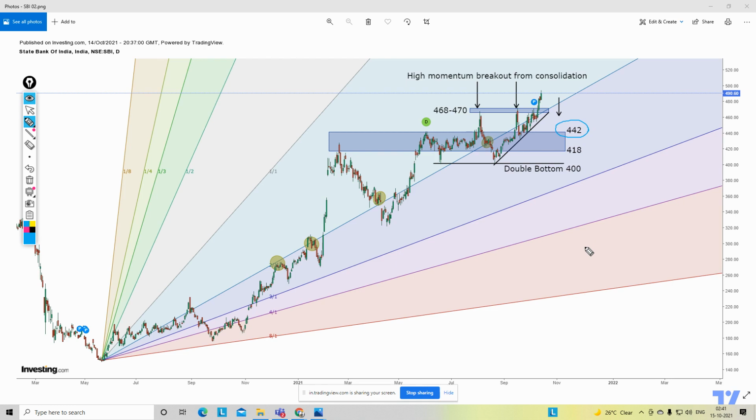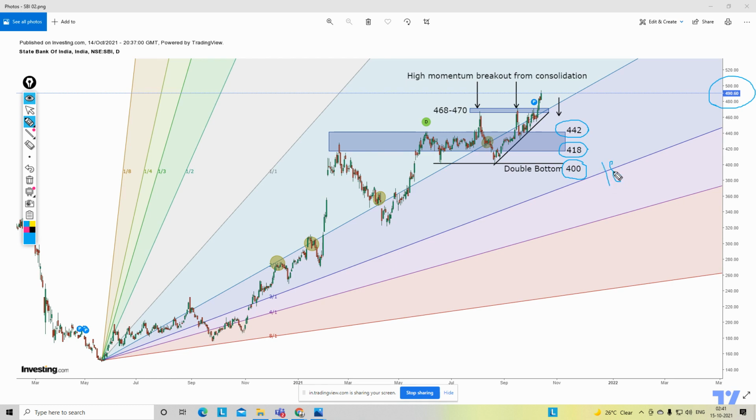From 490 to 418 is like almost 14% correction, which is this area. And if it corrects very drastically from 490 and keeps on falling, then the valid support, the last support for the investors is 400, which is as good as like 18%.